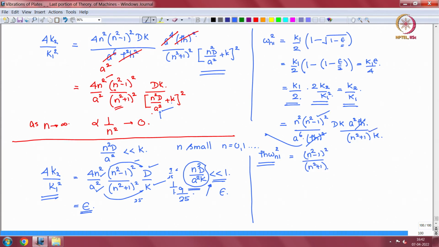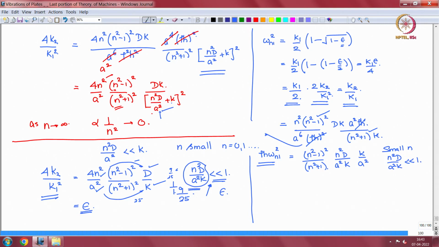Then I have a fourth over here, so I will write this as n square d by a square. I bring a k and I bring a k over a square. So n is small and n square d by a square k is also small.